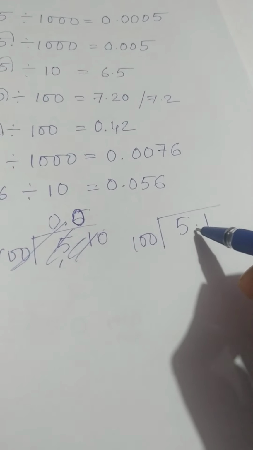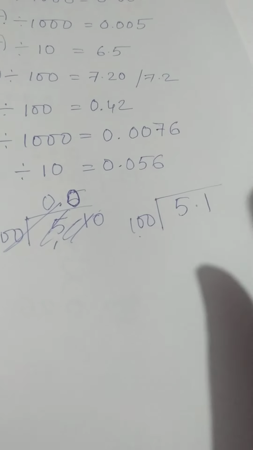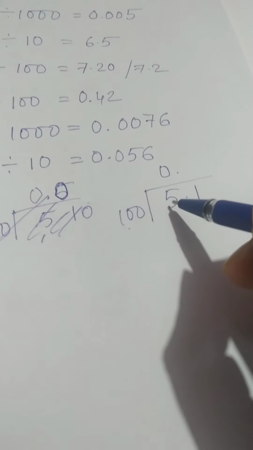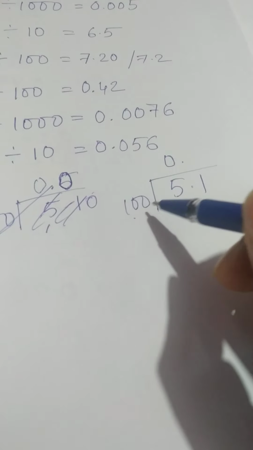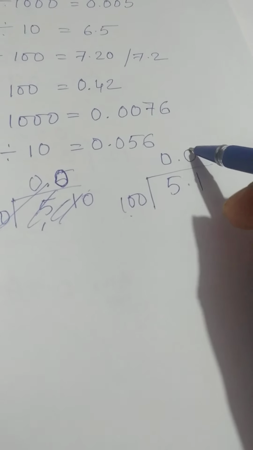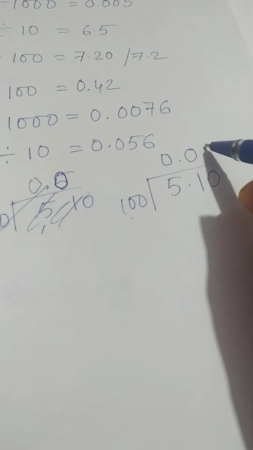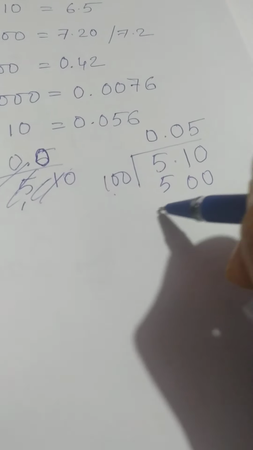Suppose for 5 point, since 5 is smaller than 100, we put 0 point. But 51, now we get what? 51. Now 51 is also smaller than 100. So for this reason we put another 0 and we consider another 0 over here. Now what do we get? 100 5s are 500.